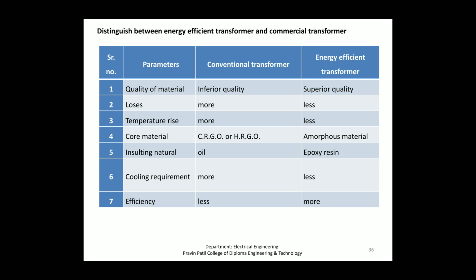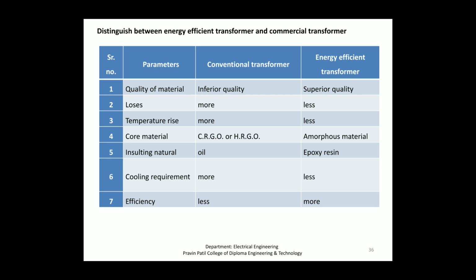The losses in a conventional transformer are more as compared to an energy efficient transformer. Temperature rise in a conventional transformer is more as compared to an energy efficient transformer. The core material used in a conventional transformer is CRGO, but in an energy efficient transformer it is an amorphous material.